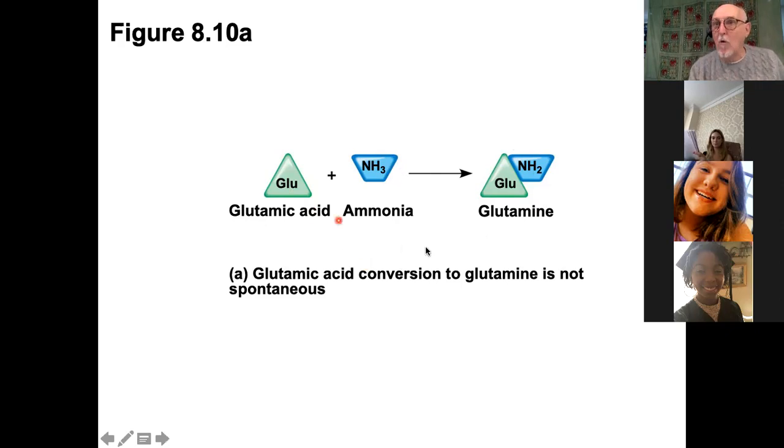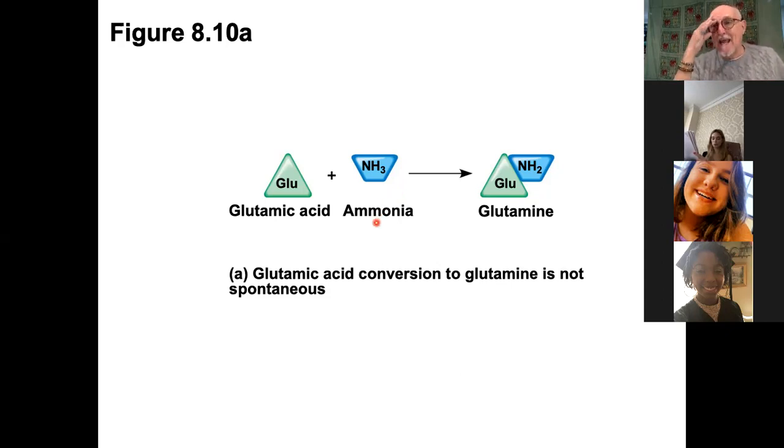So the cell has to somehow drive this reaction. I can take glutamic acid and ammonia and mix them together in a vessel, and almost nothing's going to happen. The reaction is not going to take place spontaneously. The chemical nature of the two is such that they're not going to react spontaneously with one another.